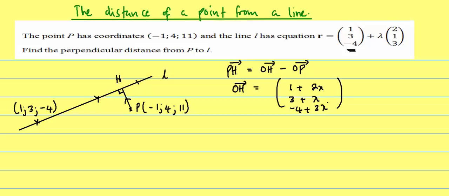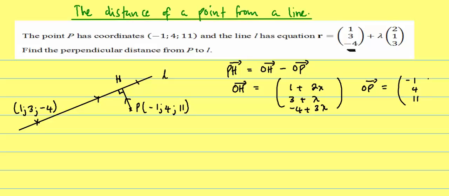So for some value of lambda, we would be able to find the displacement of the point O to the foot of the perpendicular H. We also know that the position vector of the point P, OP, in column vector form is going to be (-1, 4, 11).